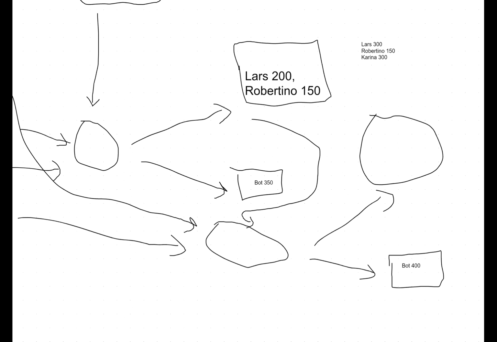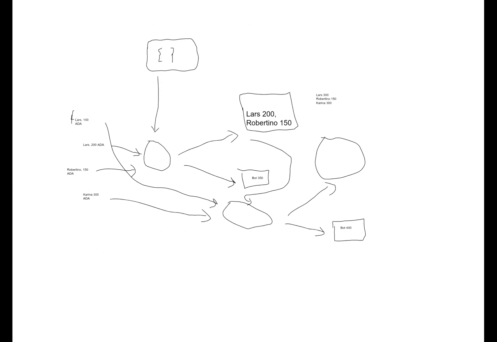Okay. So in your interpretation, Lars, you have this ever growing history, right? It never finishes. Okay, fine. Yeah, that's one interpretation. And then of course the bot now has like 350 ADA to play with and 400, so it could do some trades, which are of course also on the blockchain, but difficult to draw.